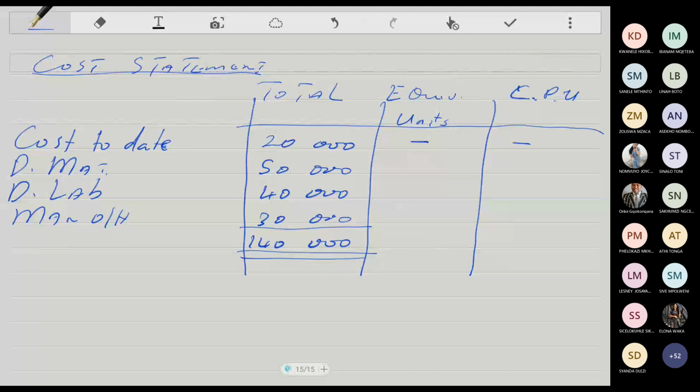Then I will look at our equivalent units. Equivalent units here, I think, go down to 40,000. Yes, it's 40,000 in your direct material, 37,600 in your direct labor, and 37,800 in your manufacturing overheads.